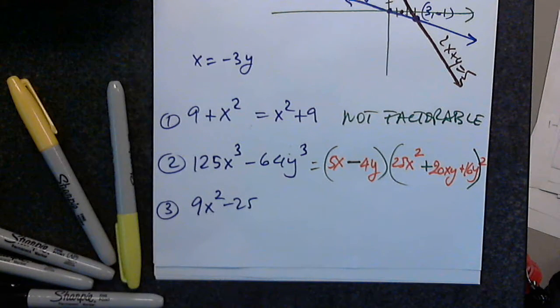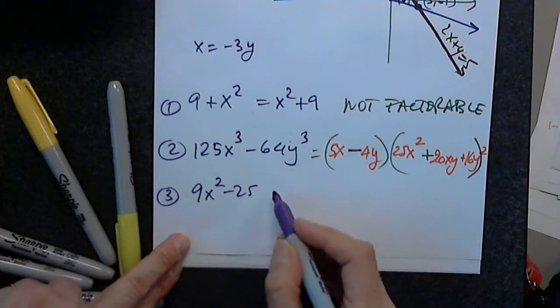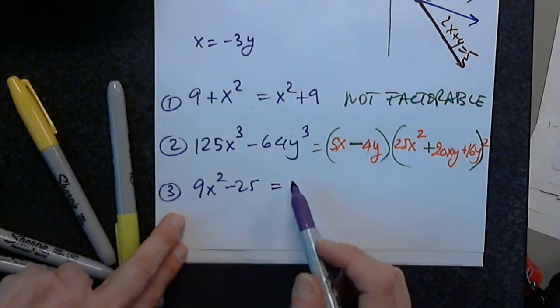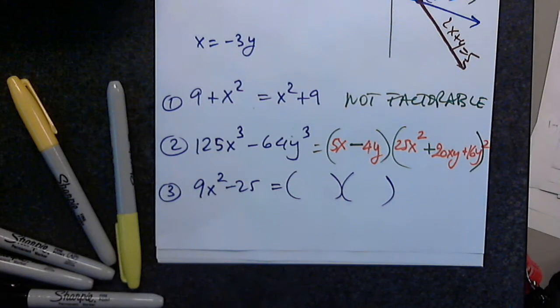Okay, the next one. It's a binomial, it's in descending order. No greatest common factor, no negative leading coefficient. Special product. Difference of perfect squares. Yes, very good. If you say that, then you will prepare two binomials.